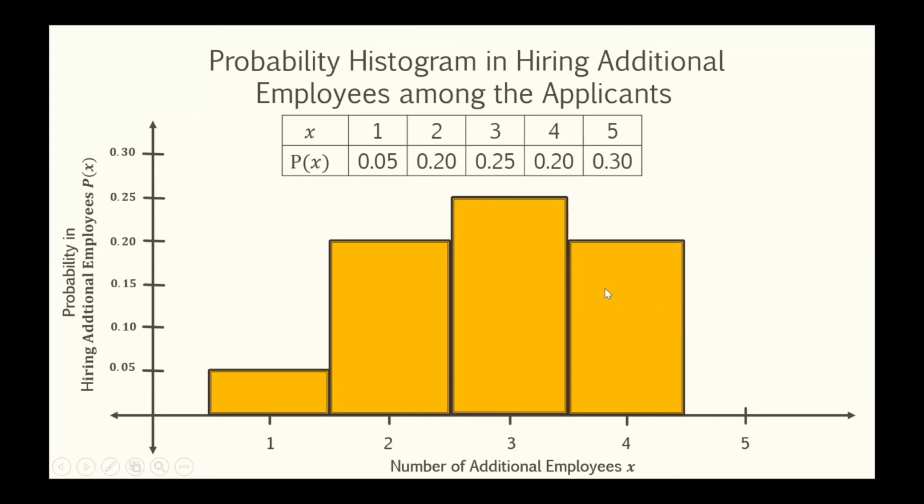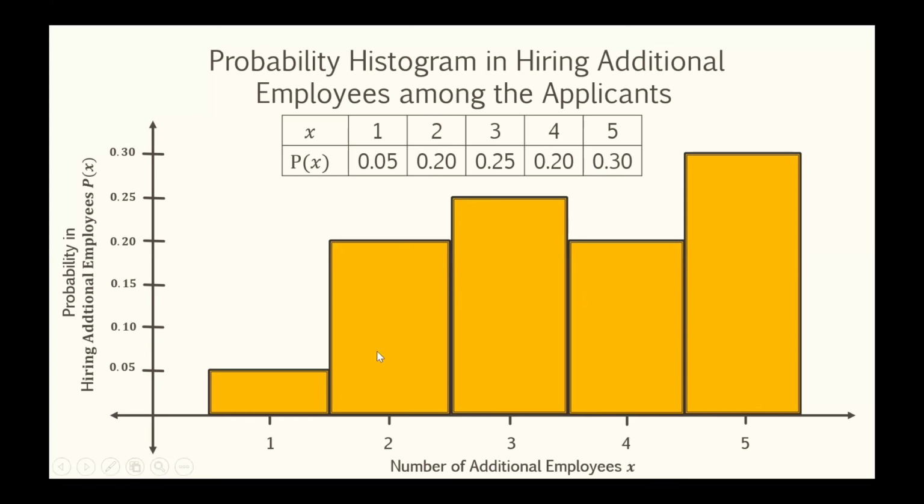The height of that is 0.20. And then last, if X is equal to 5, the probability is 0.30. So the height of this bar is 0.30. You'll start from the midpoint of 4 and 5 up to the midpoint of 5 and 6.